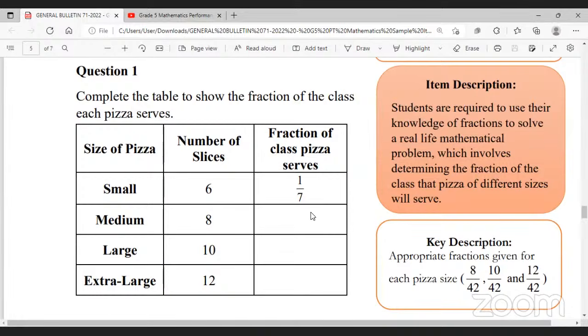But how did they get 1/7? Before we even move on to solving the medium, large, and extra large rows, we're going to try to figure out how they got this 1/7.